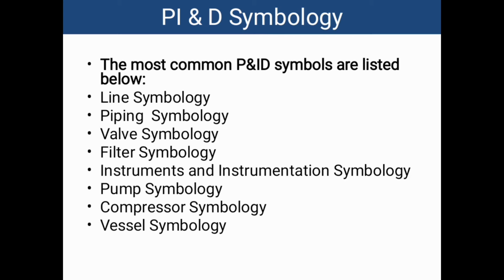Like that, line symbology will be there. Piping symbology will be there. Valve symbology, whether it is a gate valve or globe valve, ball valve, pneumatic valve, solenoid valve, like that. Filter symbology, what's the type of filter? Instruments and instrumentation symbology. Pump symbology, compressor symbology, vessel symbology. So all the symbols you have to remember.